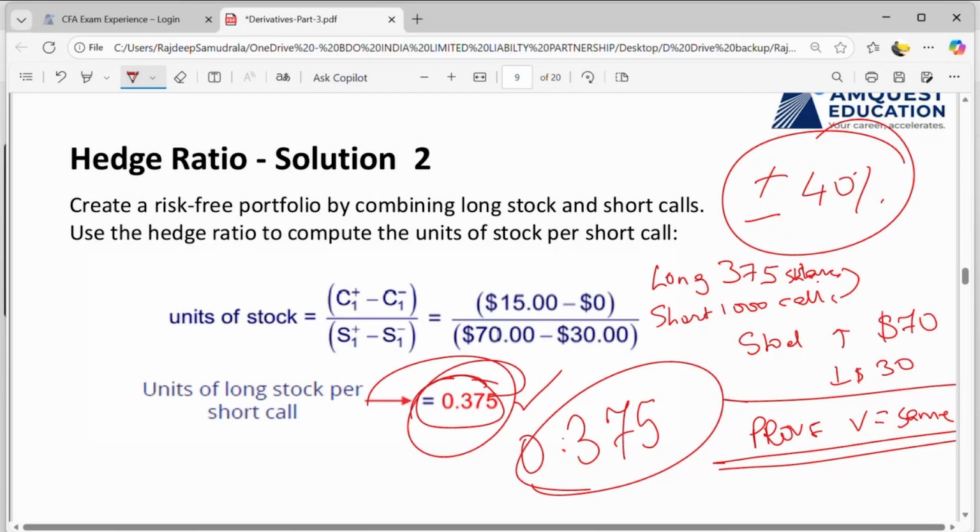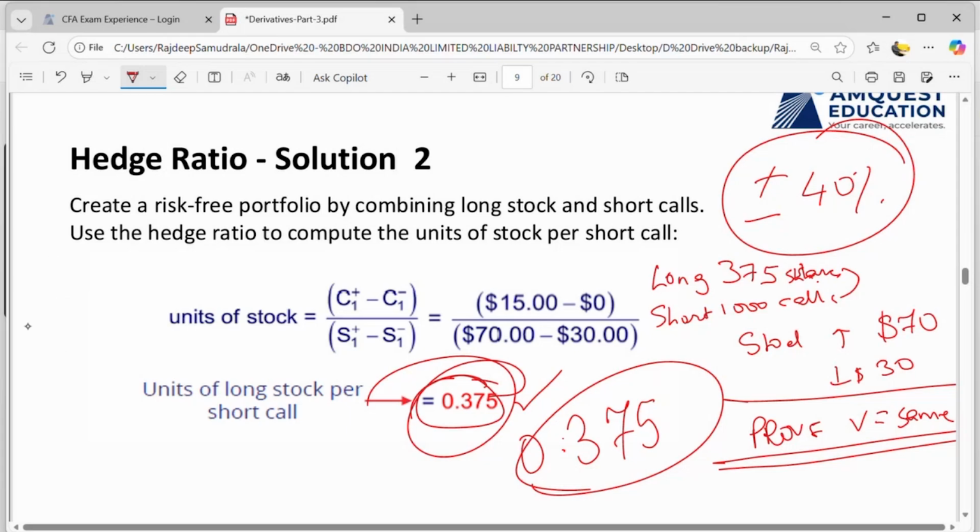Answer. What is the value? Sir, for the first one, is it $26,250? Okay, 26,250. And the second one? Would be 30,000. Okay. So you know that hedge means the value should be the same. Okay, let's see.